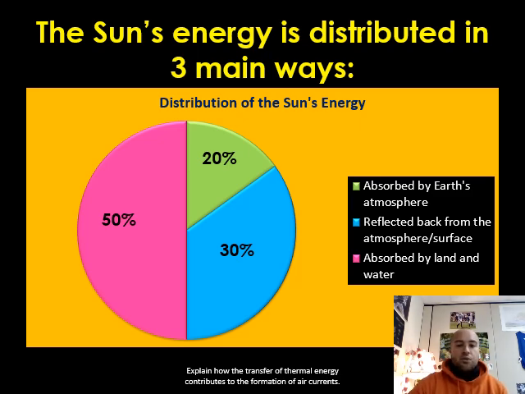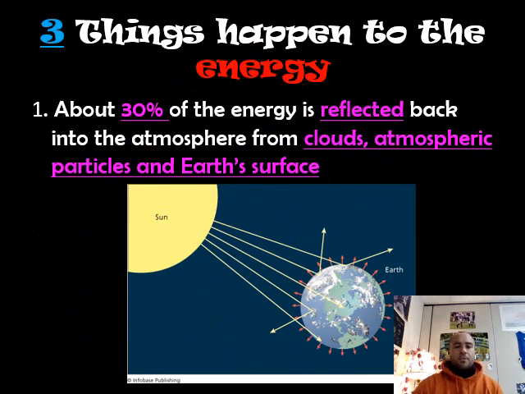So again, in terms of what notes you're going to be taking, I want you to add, look at this sweet arrow, the arrow of adding onto your notes, those 3 things next to your pie chart. So 30% of energy is reflected back into the atmosphere, by clouds, atmospheric particles, and Earth's surface.